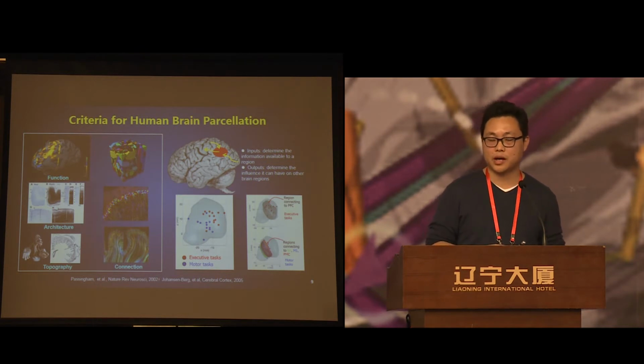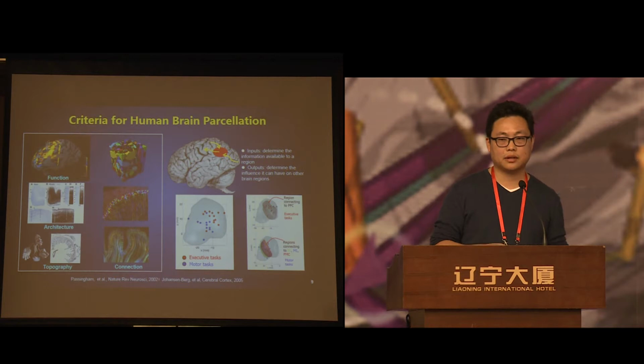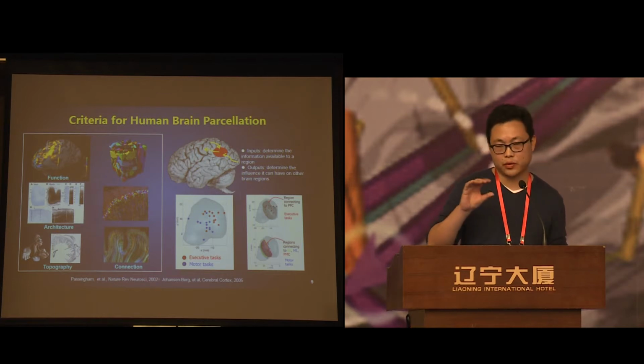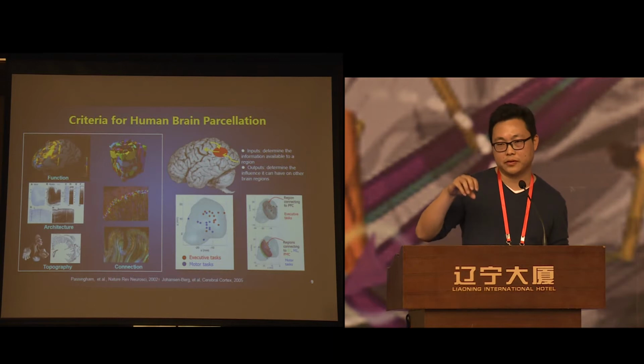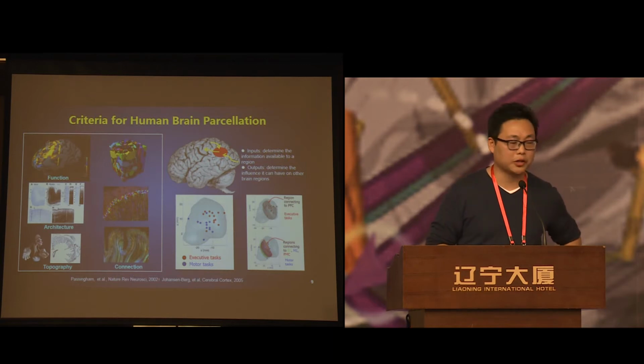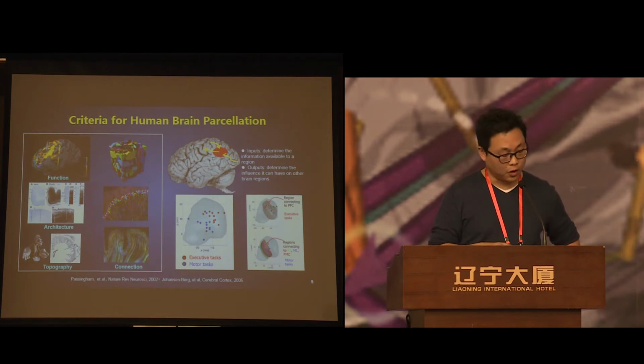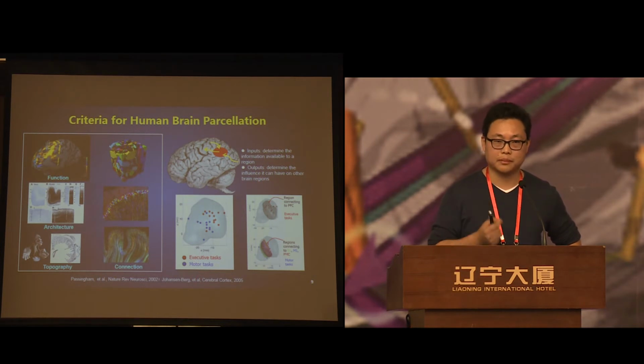Topography usually works on the primary cortex, like the sensorimotor cortex, visual cortex, and auditory cortex. Like in the auditory cortex, different frequencies of sound activate different parts of the auditory cortex. This is called topography. And the fourth one is connectivity.